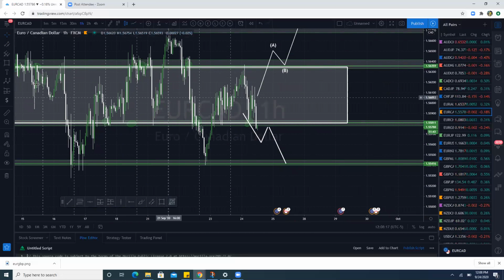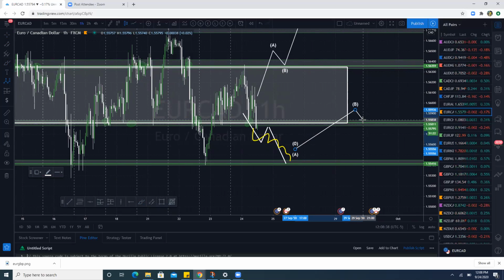And then let's say price comes down here. All you're looking for is your next move. So what does that look like? It's either going to look like this. Interesting. I didn't know you could not do that. Okay.